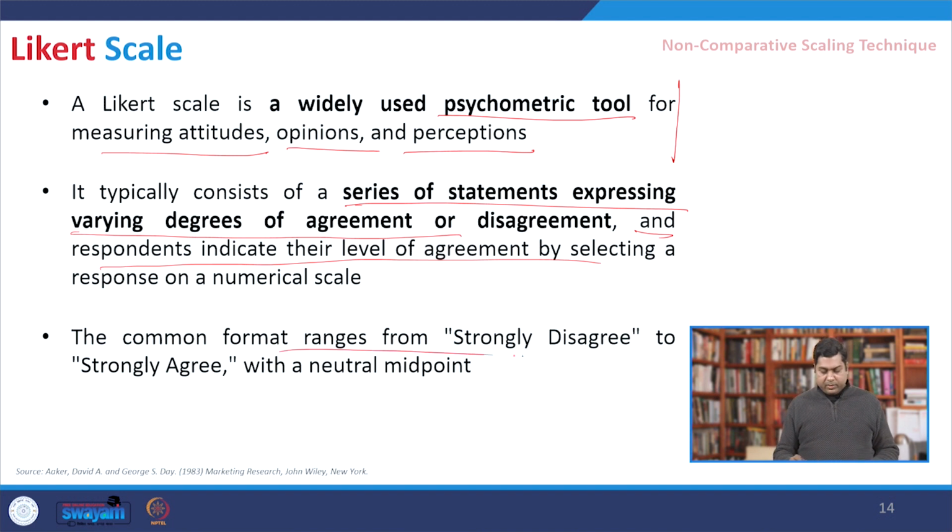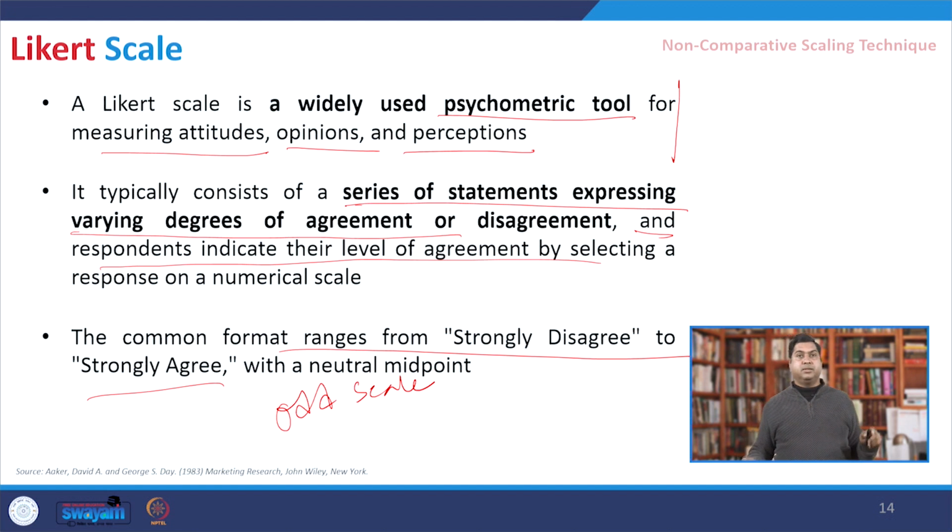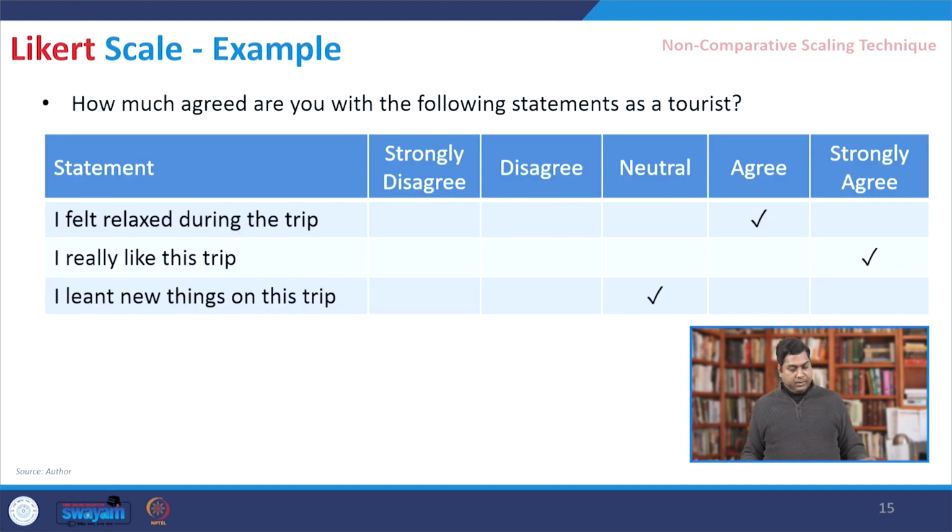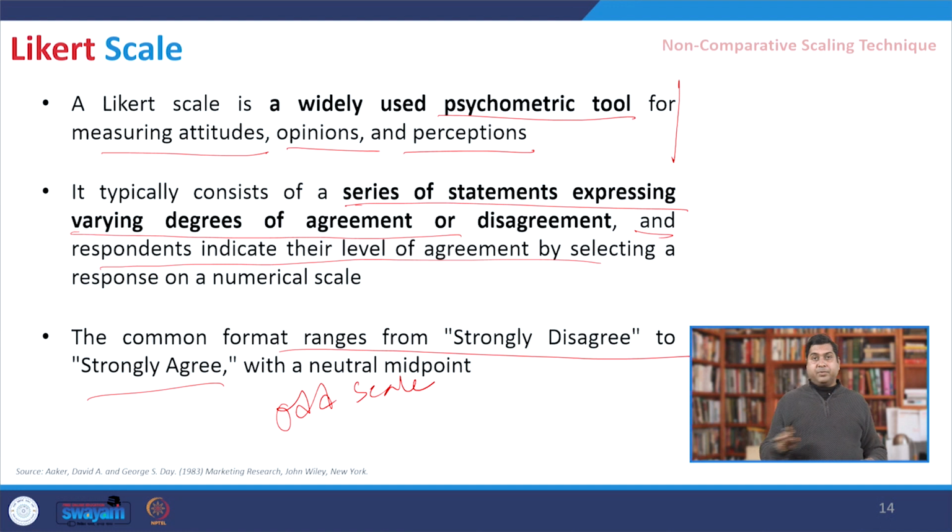The common format ranges from strongly disagree to strongly agree with a neutral midpoint. In such cases it is basically an odd scale where you have a midpoint. So, with 1 to 5 the midpoint is 3.